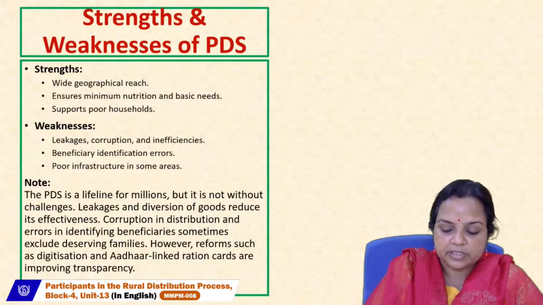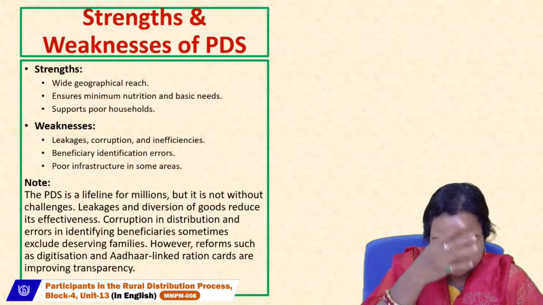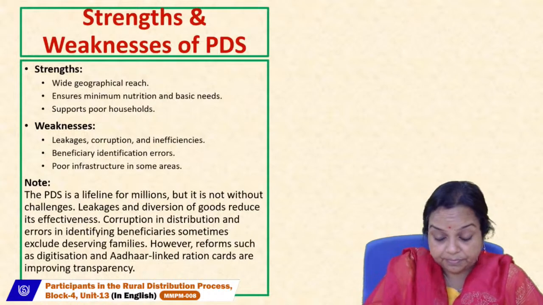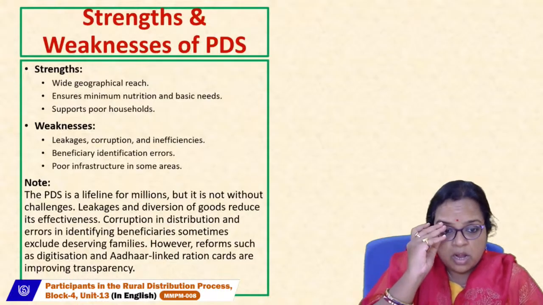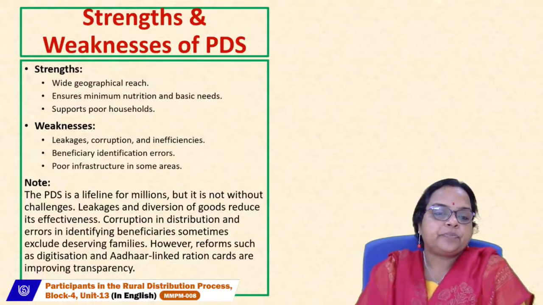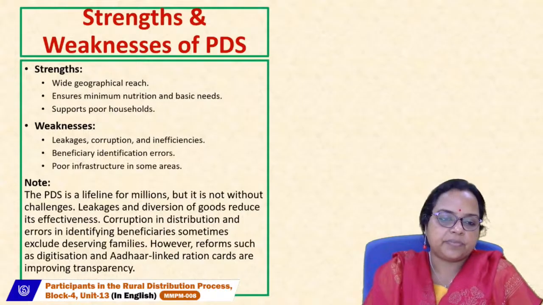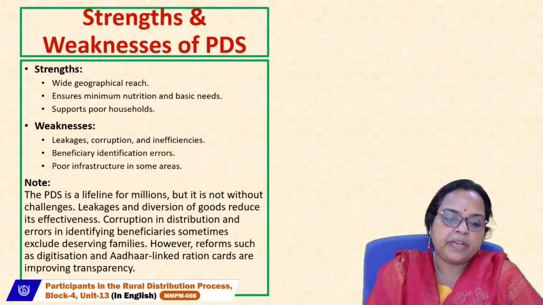What are the strengths and weaknesses of PDS? The strengths are wide geographical reach, and it ensures minimal nutrition and basic needs. It supports poor households. The PDS is a lifeline for millions who have low income. But it is not without challenges.